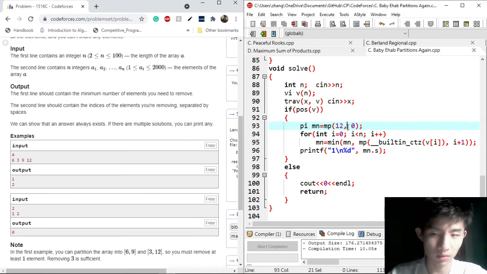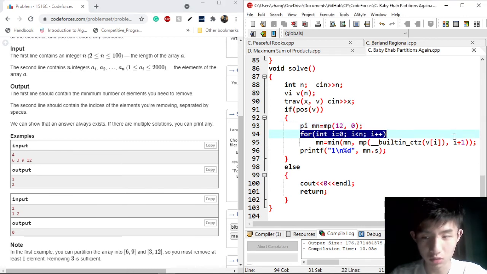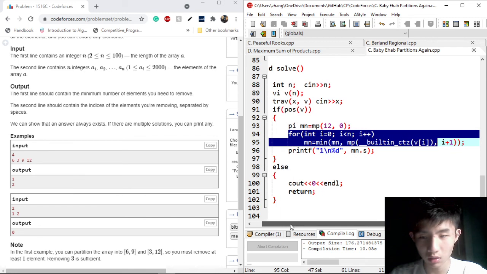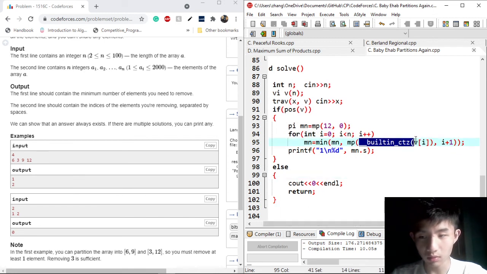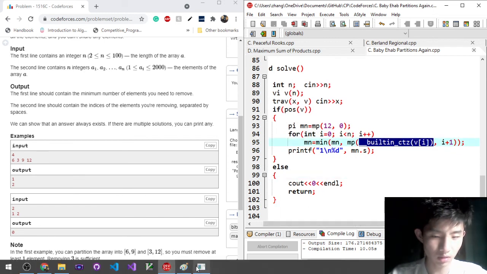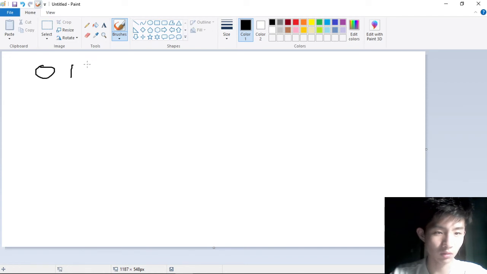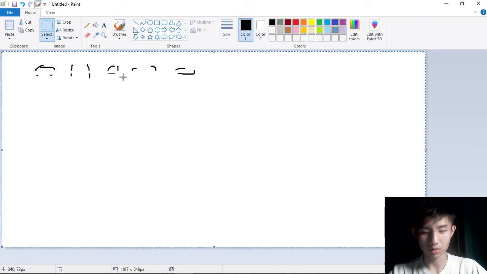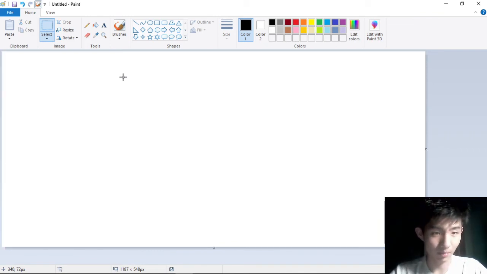But 12 is actually the minimum number. You don't really need to go over it. So then you count the amount of zeros, because the neat thing about it is you really only need to find the guy with the lowest amount, or the lowest one, or the lowest insignificant bit in more mathematical terms.